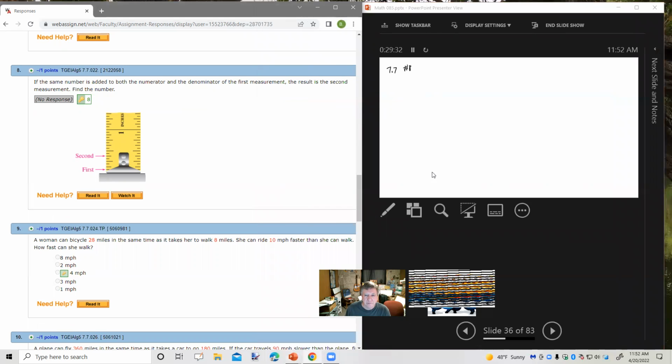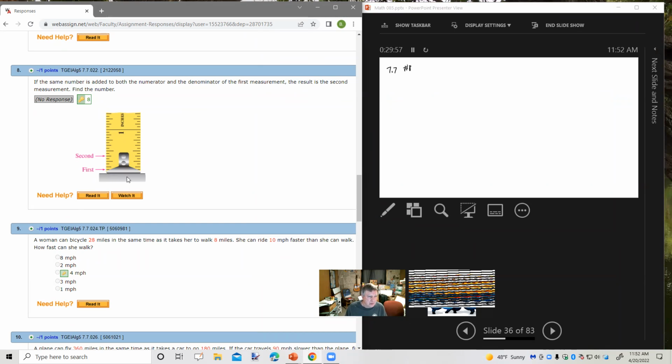There we go. Okay. If the same number is added to both the numerator and the denominator of the first measurement, the result is the second measurement. Find the number. Okay, so what we've got here, from the bottom of the tape measure to here is 1 inch. And if you count, there are 16 little divisions. So this first measurement is 1/16.